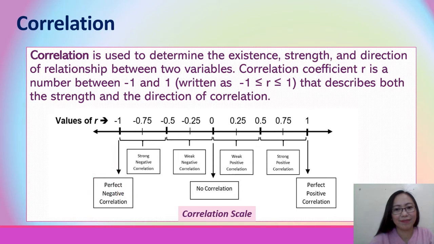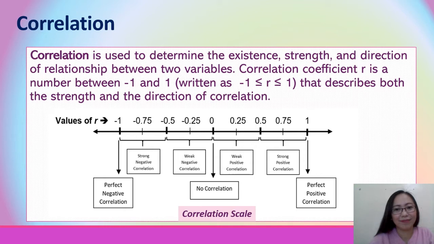For the range between -1 and -0.5, we have a strong negative correlation. For any values of r that lie between -1 and -0.5, these are what we call strong negative correlations. For example, if we have -0.75 here, it's a strong negative correlation.